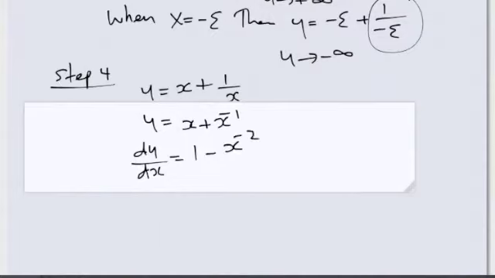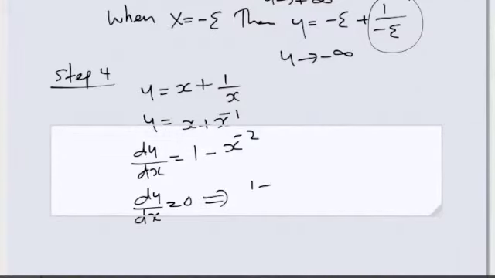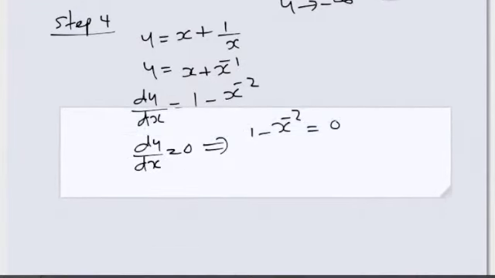At stationary points, dy/dx is equal to 0. Therefore, we let 1 minus x to the minus 2 equal to 0. So we have x raised to the power minus 2 equal to 1.